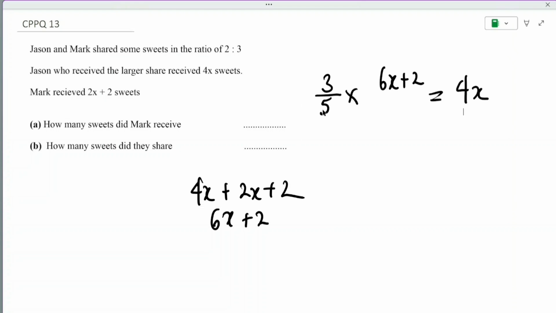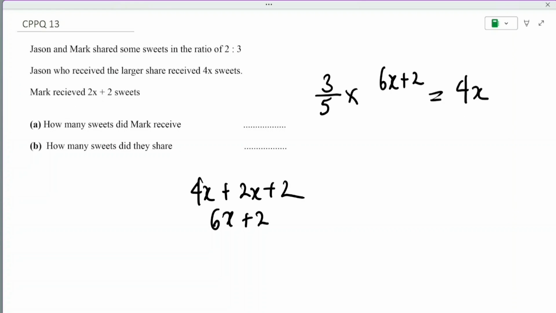All we are trying to do is to see if we can find x first. Then we can get the number of sweets Mark got and the total number of sweets they shared. Rather than even use Jason's share, we can also use Mark's share to get this. We'll still get the same answer for x. Then we can use the x to get the actual numerical value for the number of sweets Mark got.